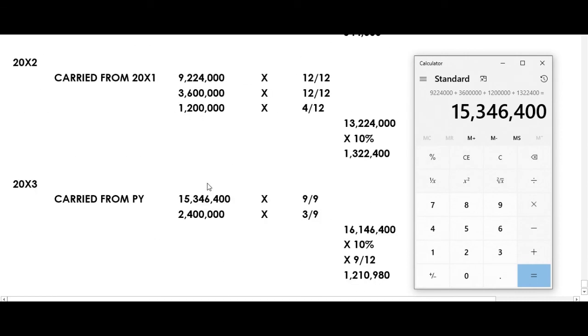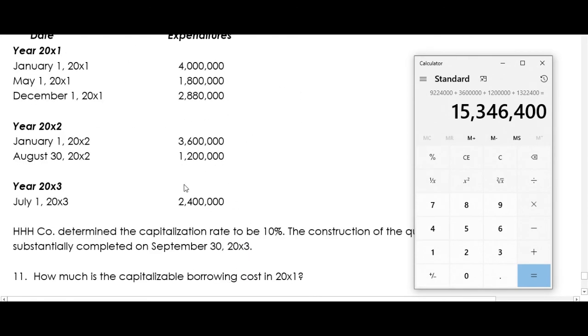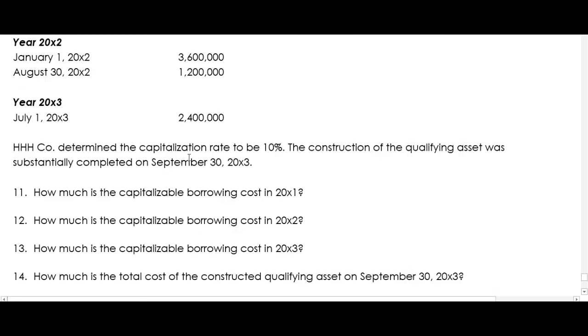Okay, ang tanong, bakit dito sa 20x3, bakit over 9 lang ang ratio? Bakit hindi over 12? Diba kasi take note, ang sinabi sa ating standard, you should compute for the borrowing cost based on kung hanggang kailan mo lang or hanggang kailan lang natapos yung construction ng asset. Ang nangyari nga, natapos na siya ng September 30.